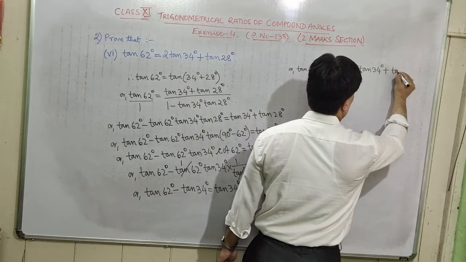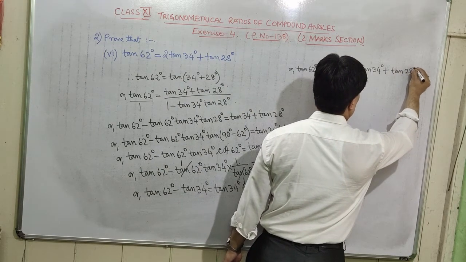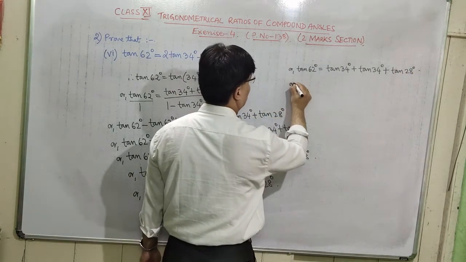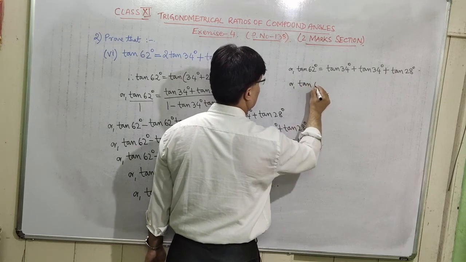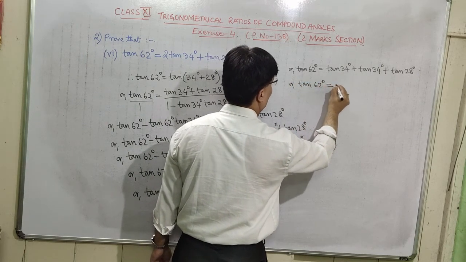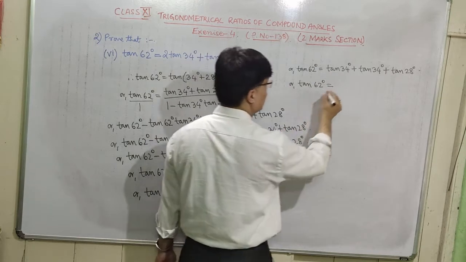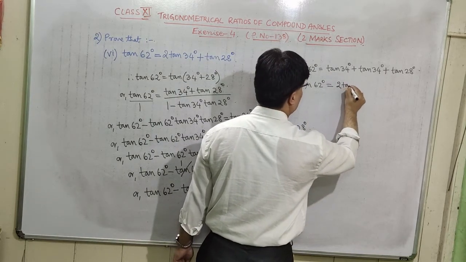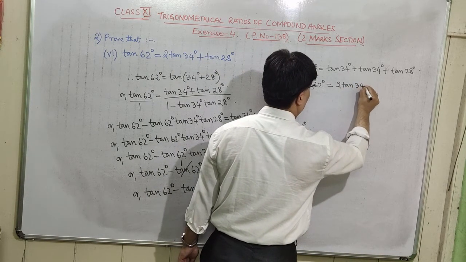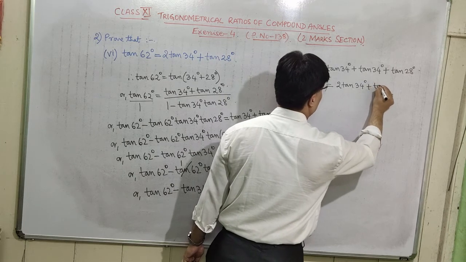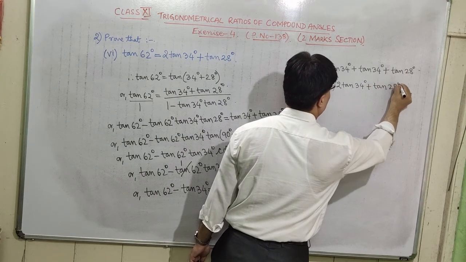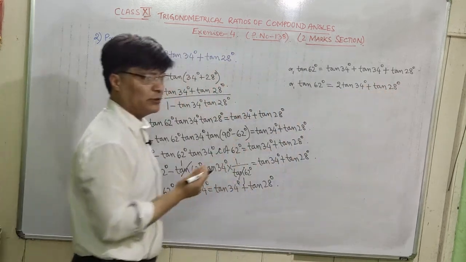So tan 62 degree is equal to tan 34 degree plus tan 34 degree, it is 2 tan 34 degree plus tan 28 degree. So it is proved, isn't it?